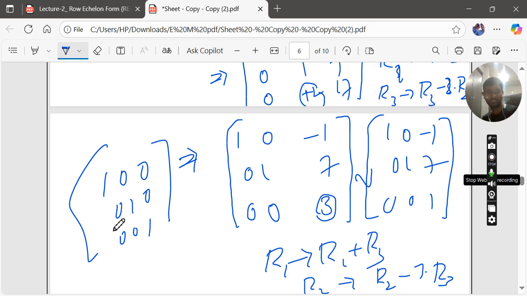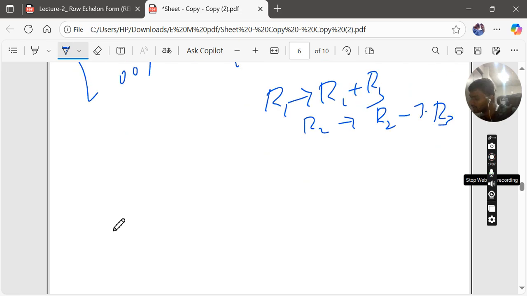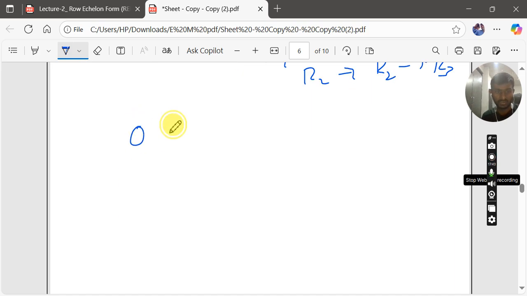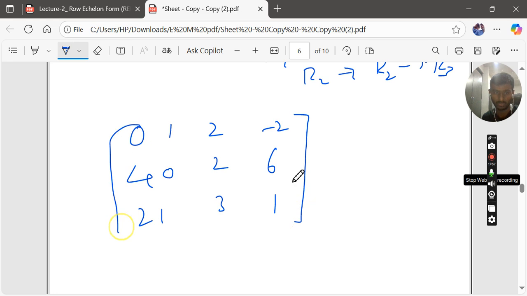Okay, now we will see one more example. Let's say you have 0 1 2 minus 2, 4 0 2 6, 2 1 3 1. So now we have a rectangular matrix, and we need to convert it into row reduced echelon form.